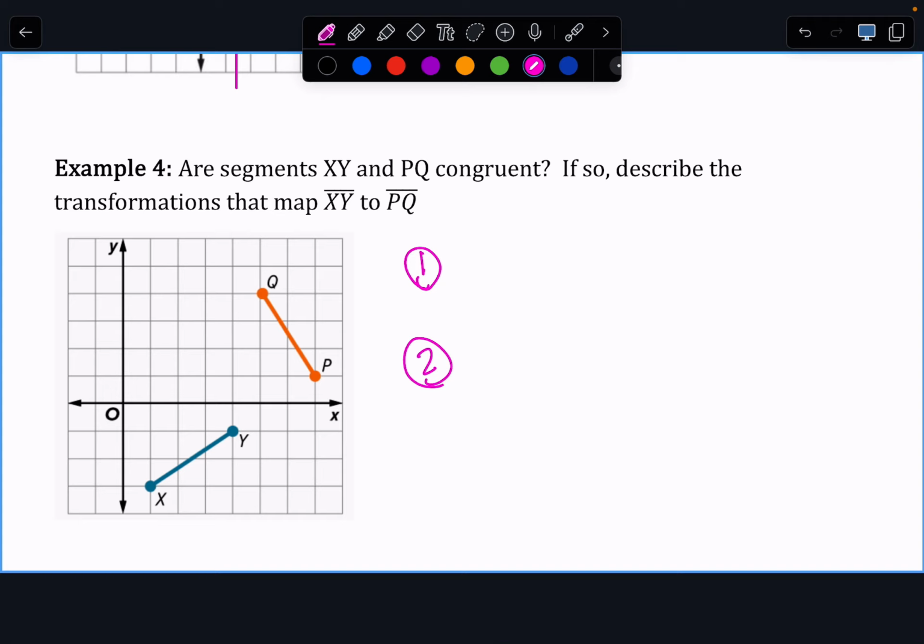Okay. Who has an idea? What's your idea? Rotate 270 and then translation of 4, 0. Yeah. Can we talk about rotation and what the rotation would be? If we did 270, then... Aren't we going from XY to PQ?